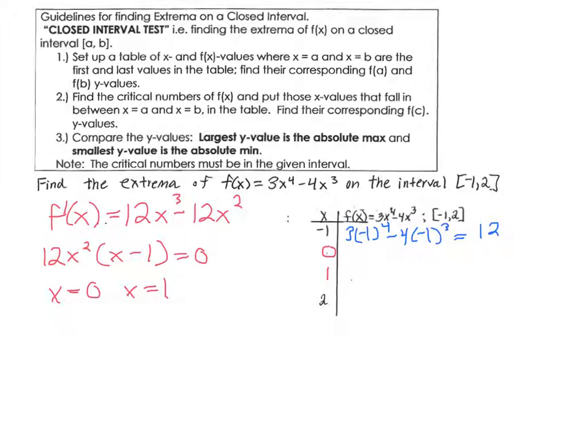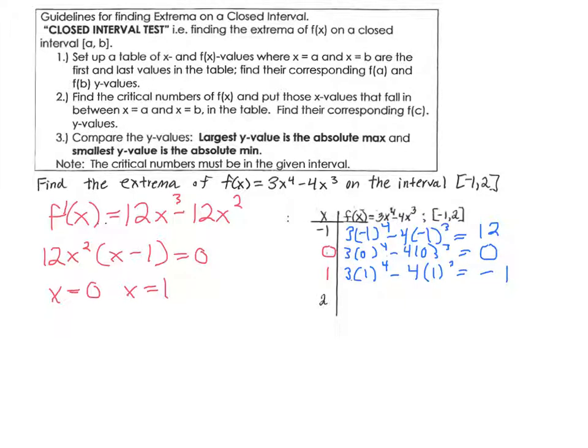If I plugged in a 0, I would get 3 times 0 to the 4th minus 4 times 0 cubed, which is just 0. I plug in 1, I get 3 times 1 to the 4th minus 4 times 1 cubed, which would be a negative 1.